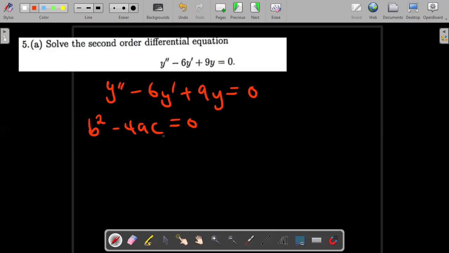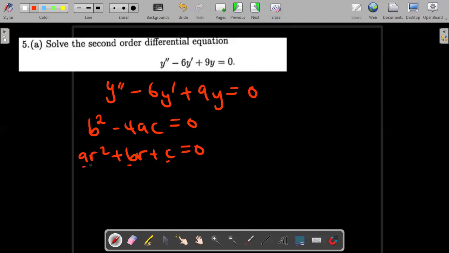So now this here is given by r squared plus br plus c equal to 0, where a, b, and c are just the coefficients: a is the coefficient of y double prime, b is the coefficient of y prime, and c is just the coefficient of y.